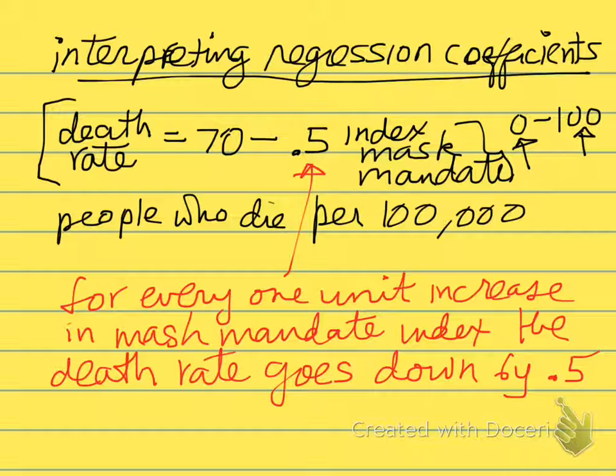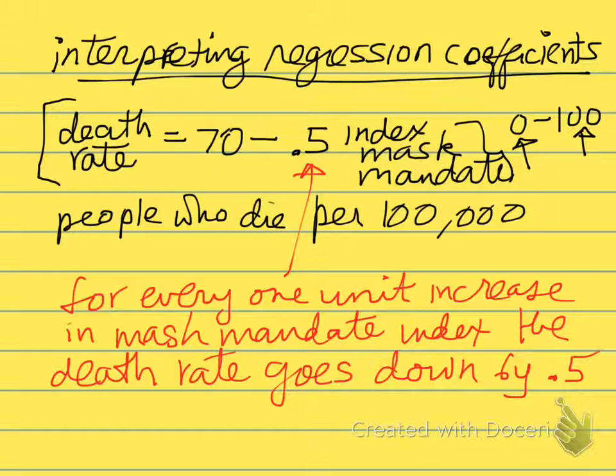The death rate might be 15 for a mask mandate of, well, you could calculate what the mask mandate has to be for the death rate to be 15. If our mask mandate goes up to 100, the smallest death rate we could have is 20 here, right?